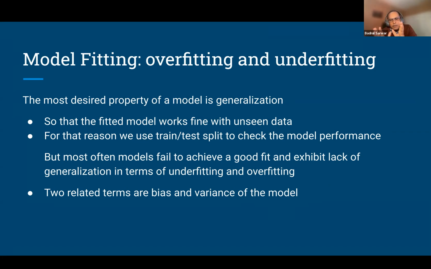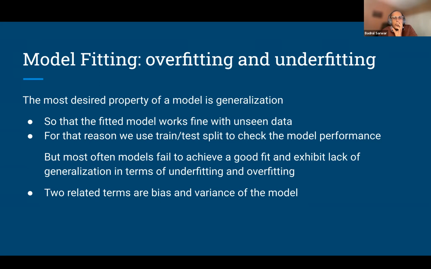For that reason, we do train-test split and everything. But most often models fail to achieve a good fit, and that happens because we suffer from a problem called overfitting or underfitting. Two related terms for this are bias and variance.